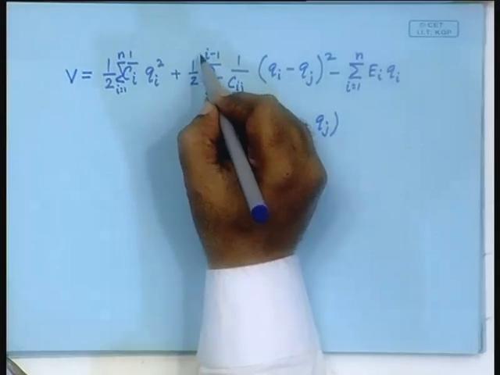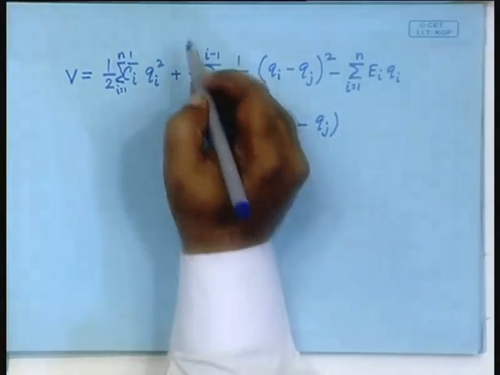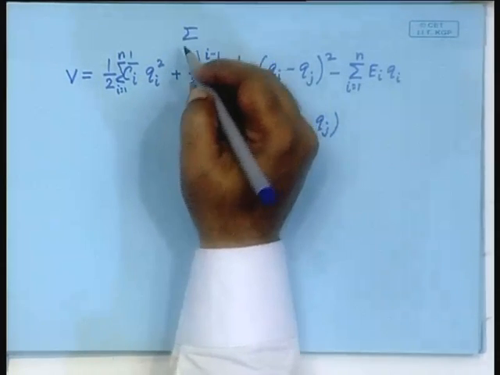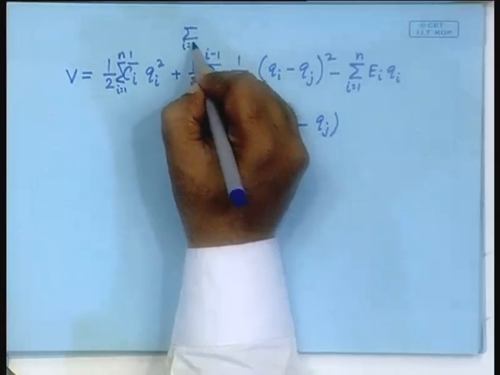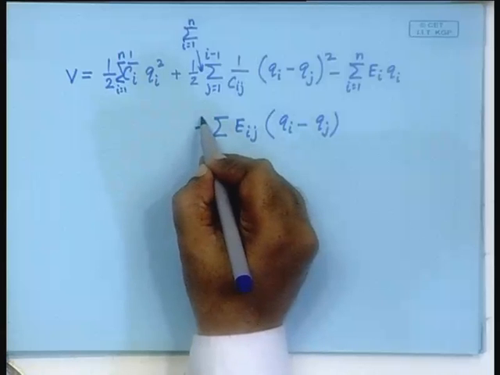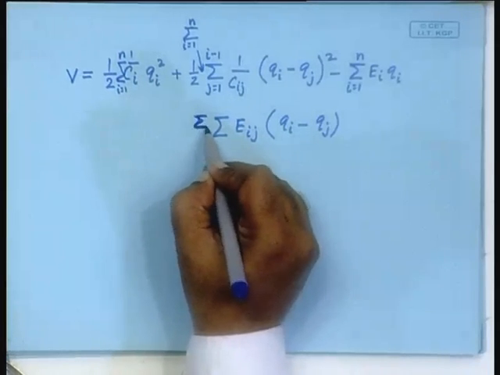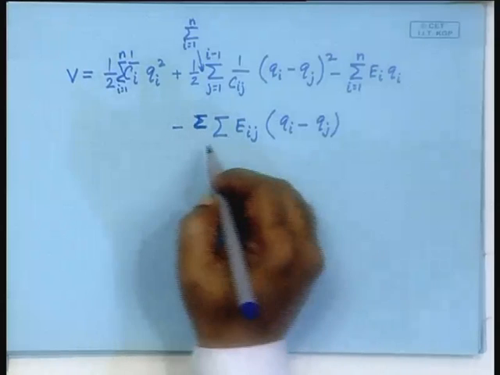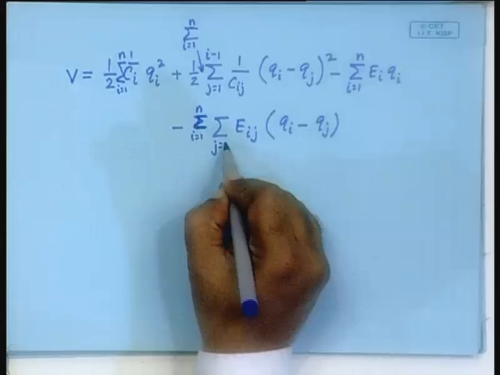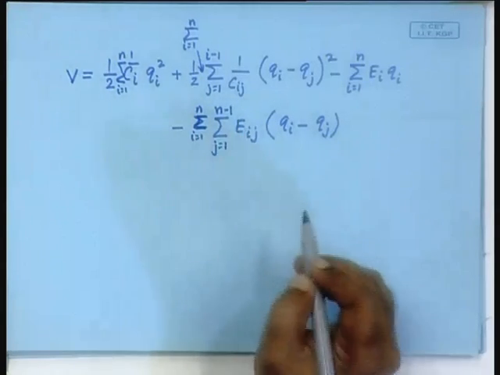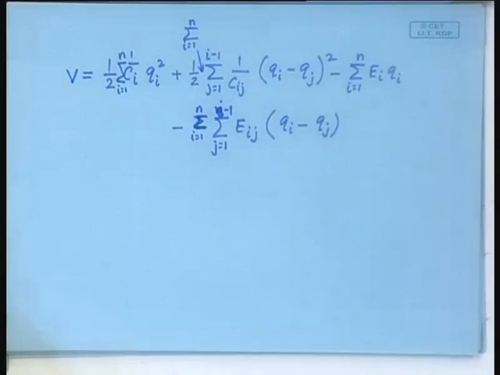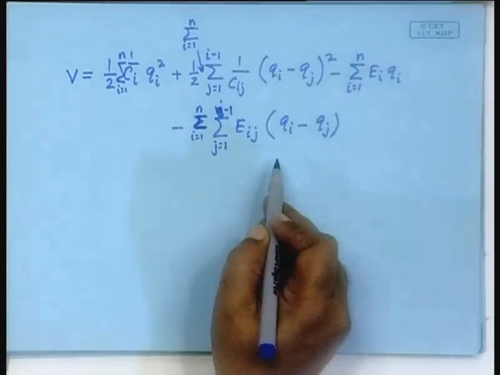So, I will just insert, it has to have a summation over i, that means i is equal to 1 to n. Similar thing will have to be done here, so I will just write it once. The first one would be i equal to 1 to n, j equal to 1 to i minus 1. Okay, that completes the story about the potential.